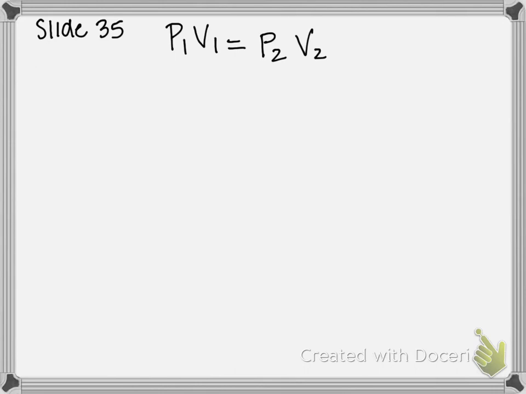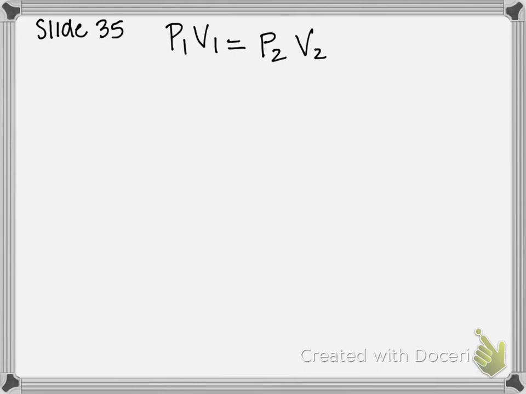So if we look at the problem, if you go to your PowerPoint, open that up and look at slide 35, we've got to figure out what our P1, V1 are and our P2 and V2. So we're going to have three variables that were given and we're solving for our last one. In the first part of the question, it says the gauge on the 12-liter tank of compressed oxygen read 3,800 millimeters of mercury.